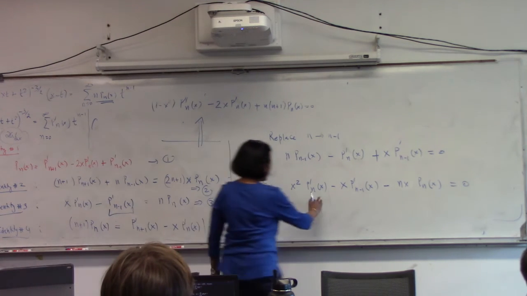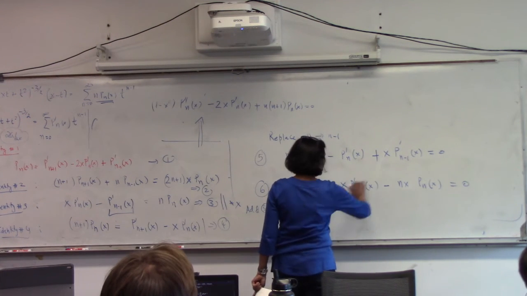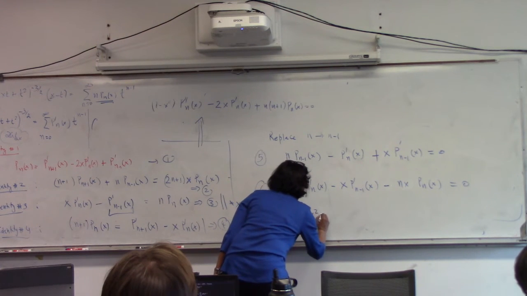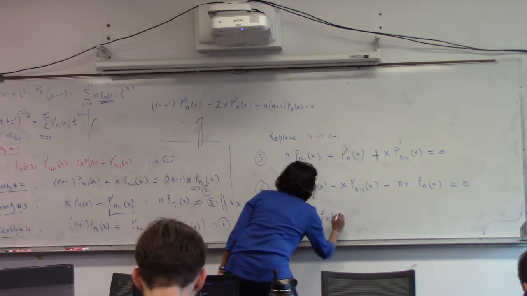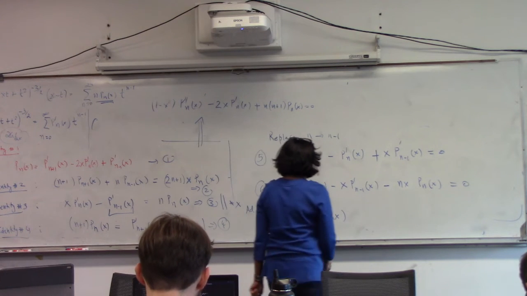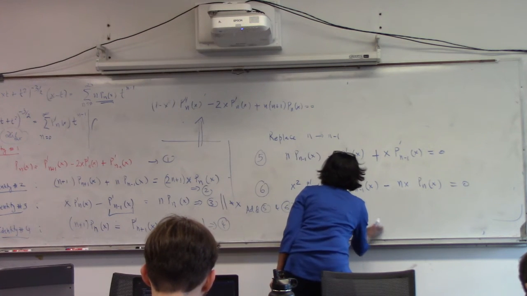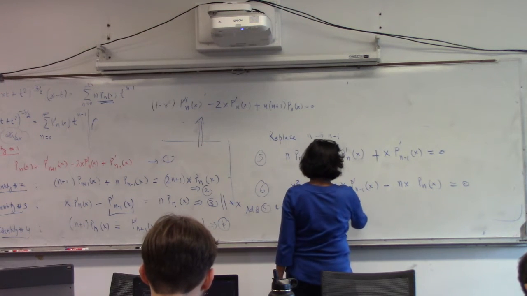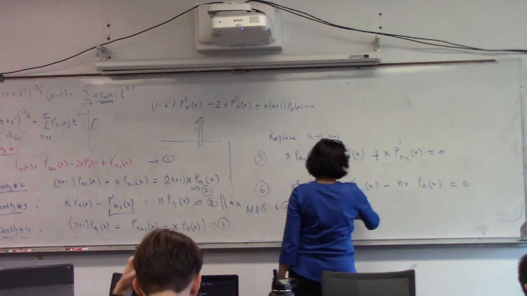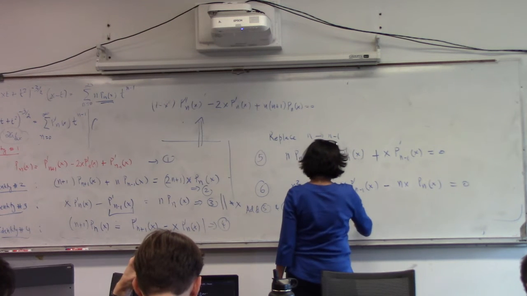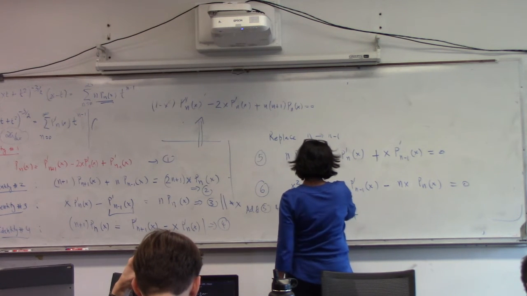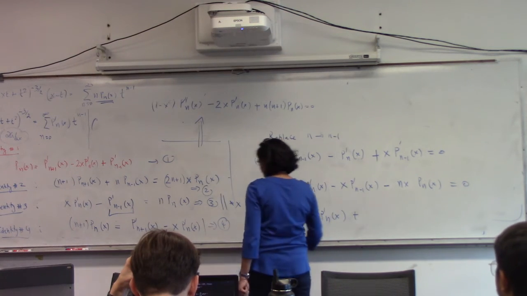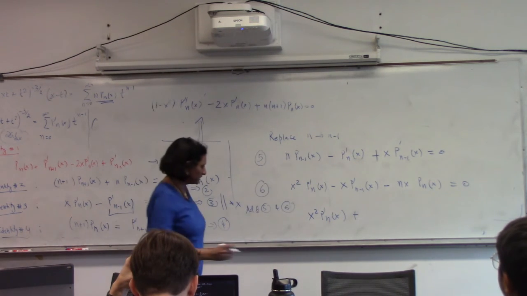So when I added the two equations, this and that will cancel, so what I get is the following. X squared P prime of nx plus, what do I have? When I add these two, they will cancel. Then we have x squared minus 1.